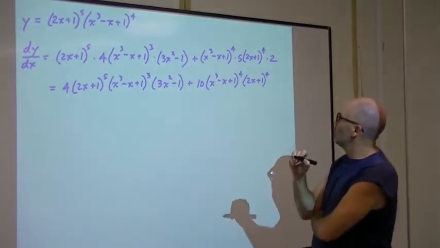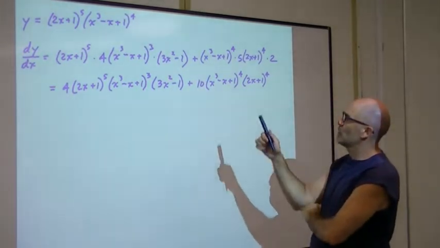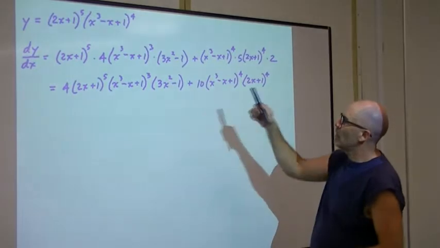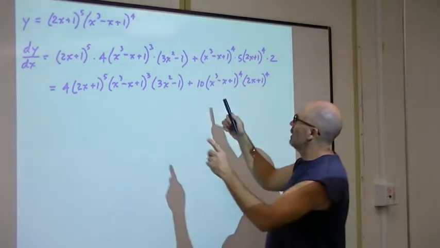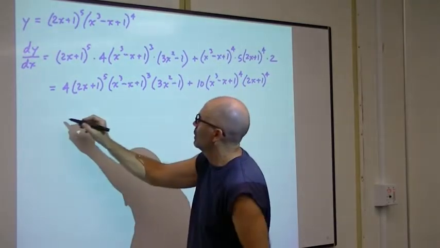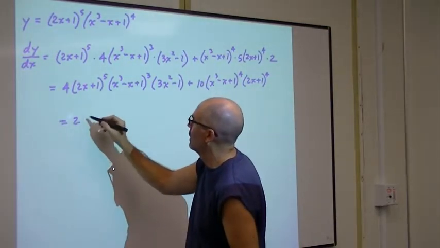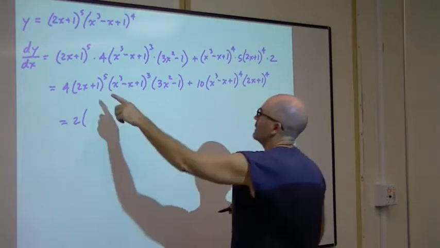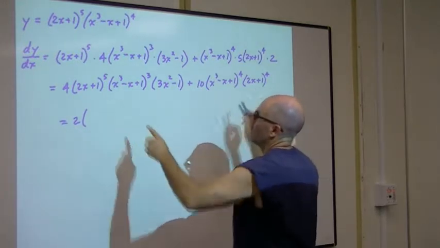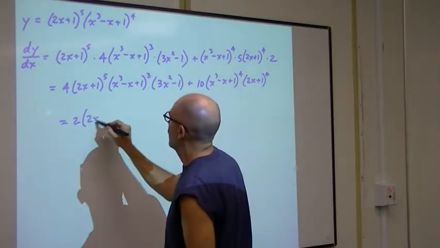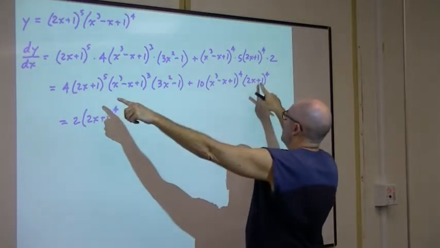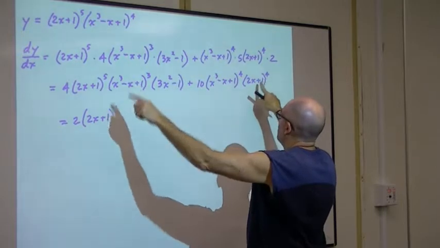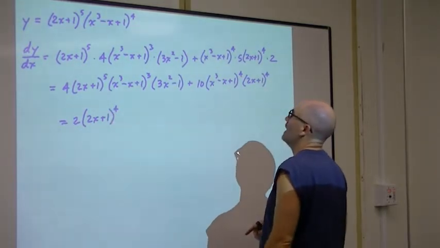Now, what I could do is factor out the greatest common factor of these two, which is going to be 2 times (2x plus 1) to the fourth, because between my (2x plus 1) to the fifth and (2x plus 1) to the fourth, the biggest common one is (2x plus 1) to the fourth.